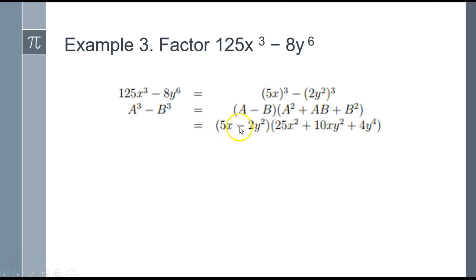So I get 5x minus 2y squared, and then in the next set of parentheses I get 25x squared. 2y squared times 5x is 10xy squared, and then 2y squared squared, the 2 gets squared, so that's a 4, and y squared squared is y to the 4th. So that is how you handle that when one is cubed and the other is to the 6th, or to the 9th. You could write it as to the third power cubed.